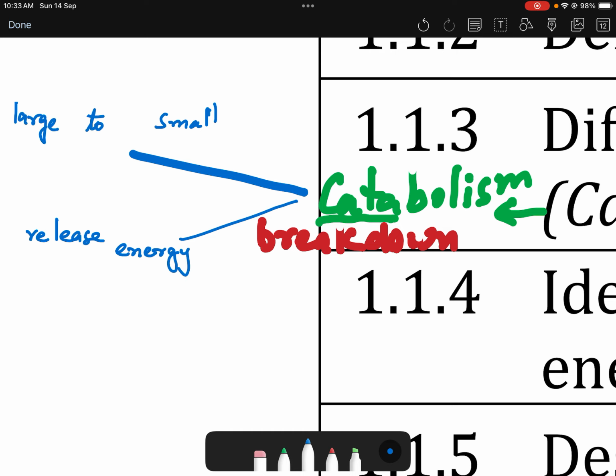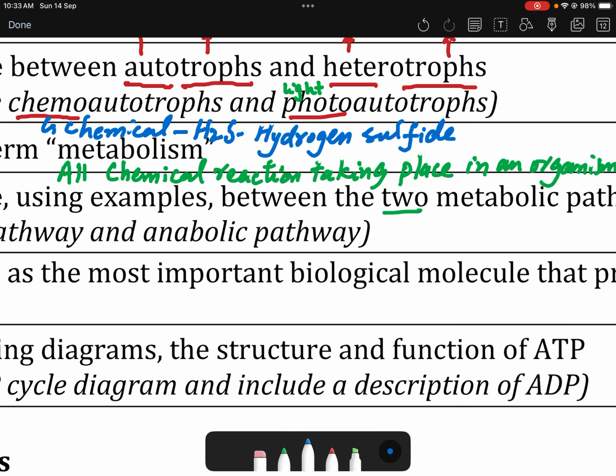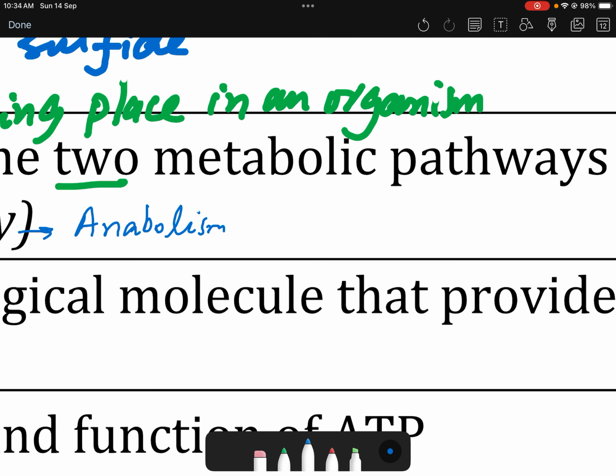Now moving to the other side, we call it the anabolic pathway. The anabolic pathway is also known as anabolism, and anabolism is like building up.